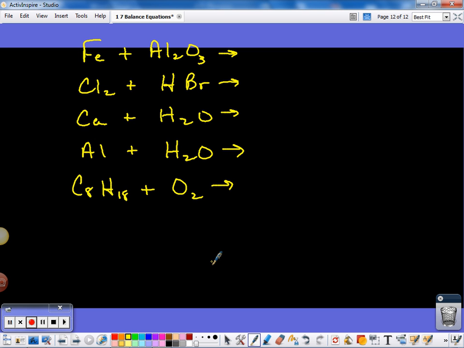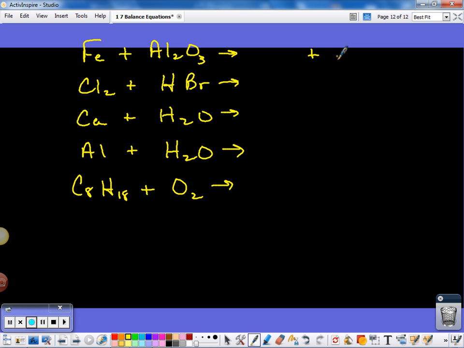I know you can balance side to side. We've done enough practice on that so far, but we always have to finish off balancing it side to side. The first one, standard type of single replacement, right? So what am I going to produce? A compound and an element.